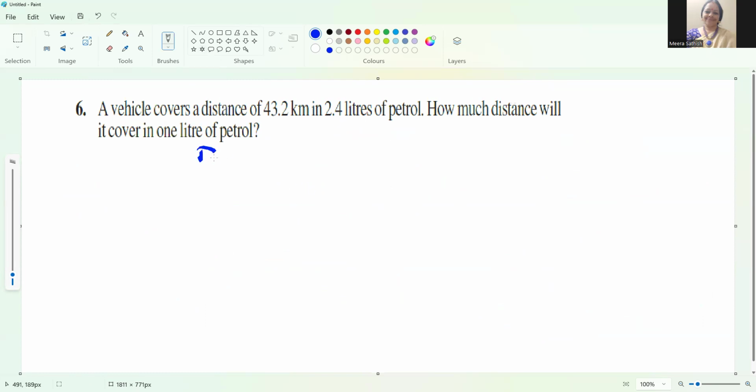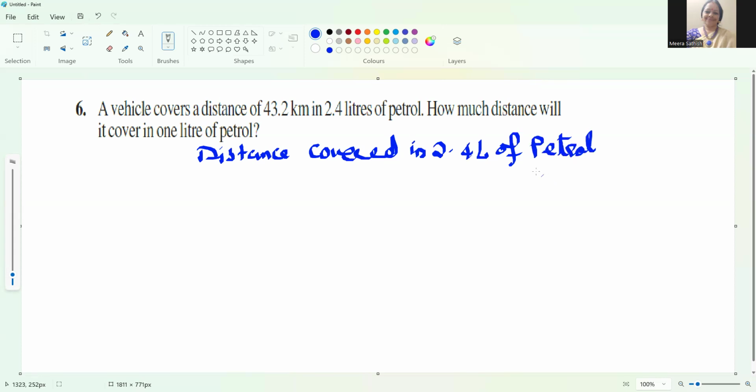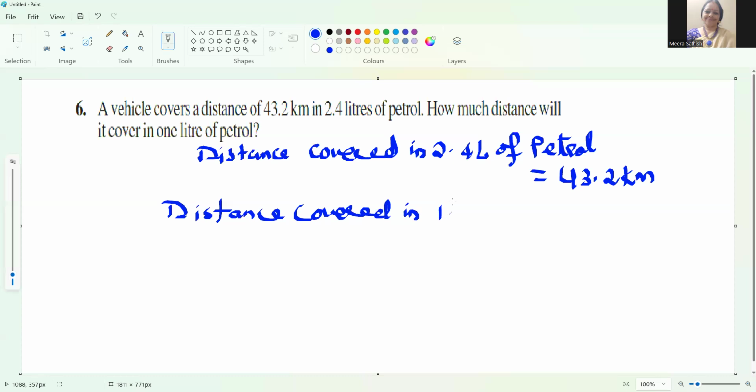Distance covered in 2.4 liters of petrol is 43.2 kilometers. And we have to find the distance covered in 1 liter of petrol, which is equal to 43.2 divided by 2.4.